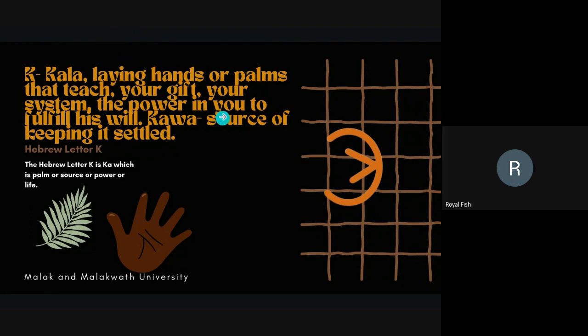So color, laying hands or palms that teach your gift, your system, the power in you to fulfill his will. Kawa is the source of keeping it settled. The Hebrew letter K is Ka, which is palm or source or power or life.